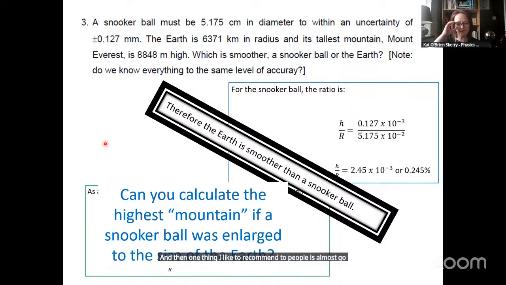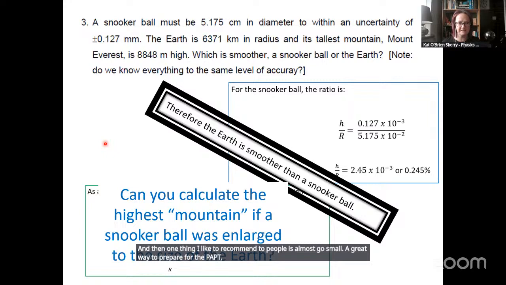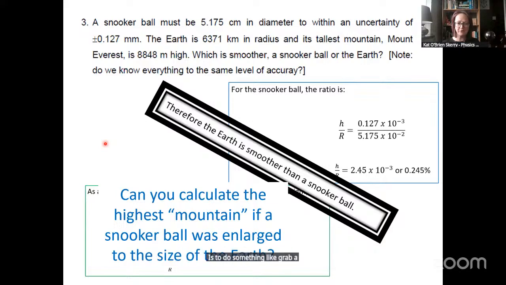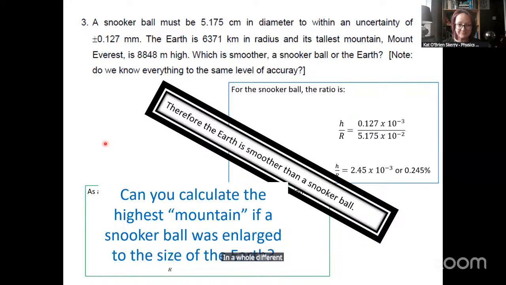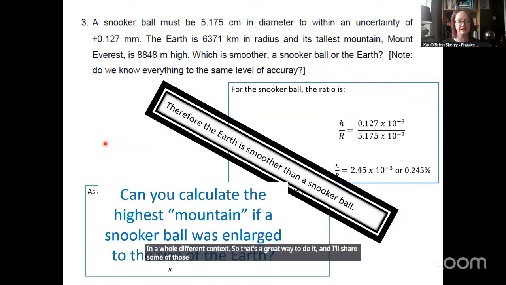A great way to prepare for the PAT, which we think of as familiar physics and maths but in unfamiliar context, is to do something like grab a different exam board's textbook. Try some questions at the same sort of level as you, but from a different country. That's a great way to get practice at solving questions at the appropriate level in a whole different context. So that's a great way to do it, and I'll share some of those tips in our emails as well.